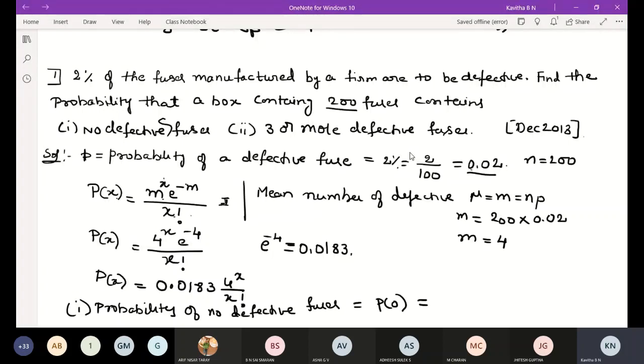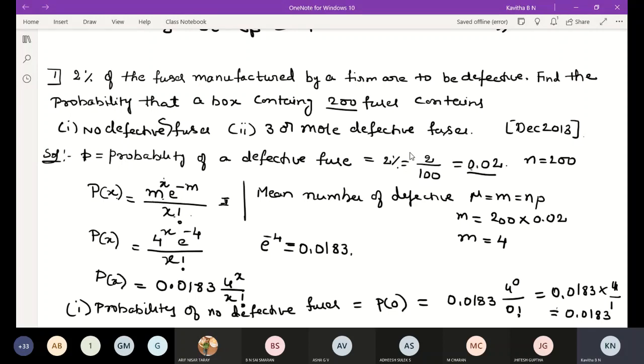Then 0.0183 times 4 to the power of 0 by 0 factorial. What is the answer? 0.0183. Oh, correct.